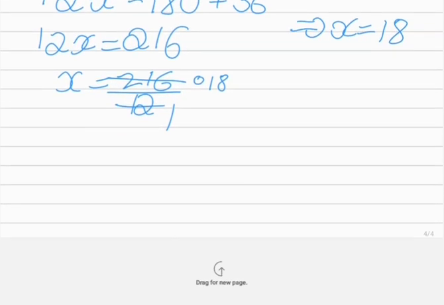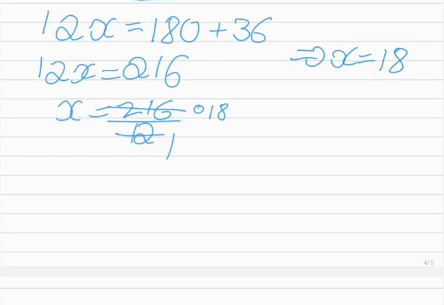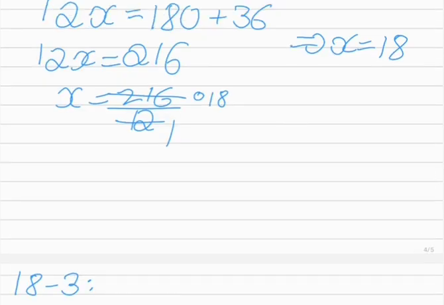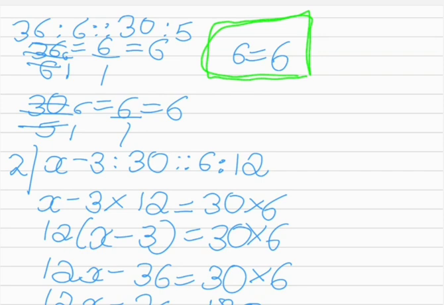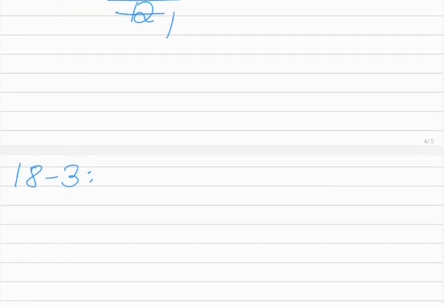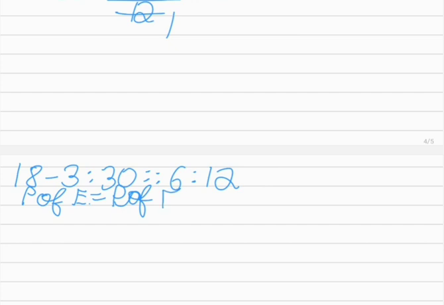see, 18 minus 3 is to 30, proportion 6 is to 12. So we will do it by product of extremes is equal to product of means.